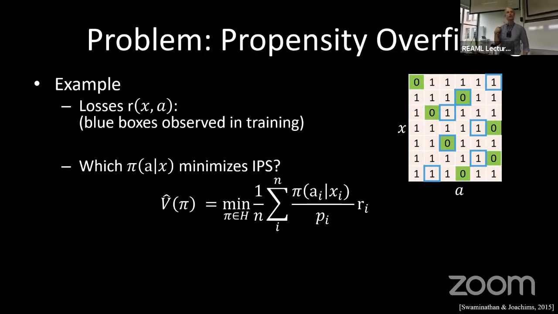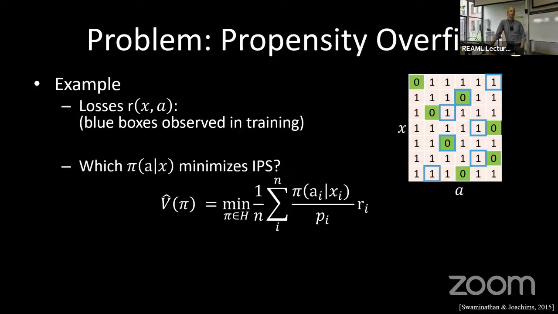So now, if I ask you to find me a policy that minimizes that IPS estimate, can you tell me a policy that actually has 0 value for that IPS estimate, which is the best that you can get in this set? So it has to be a policy that picks an action in every row, right?